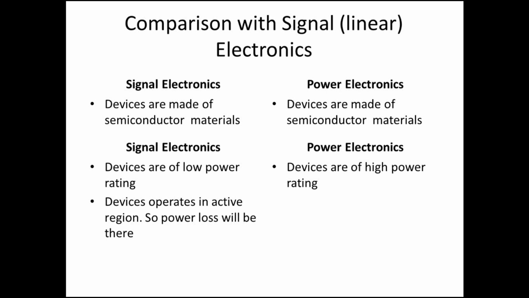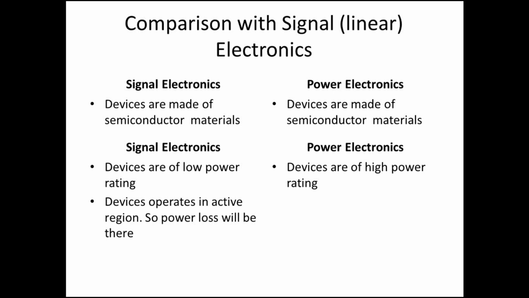Again, in signal electronics, for example in amplification, we operate the transistor in the active region. In the active region there is a current through the transistor and a voltage across it, so V into I is a power loss, or power dissipation, in the device.